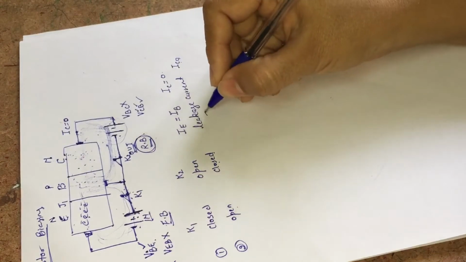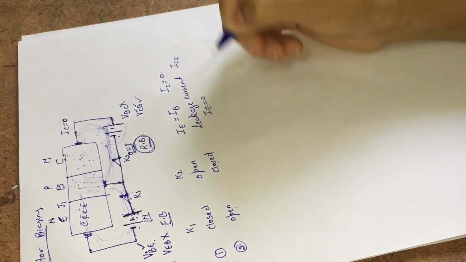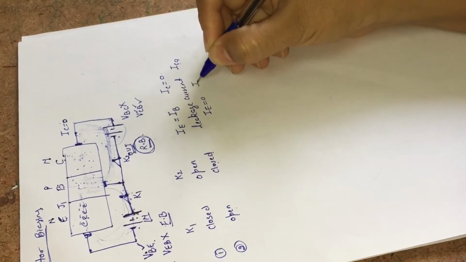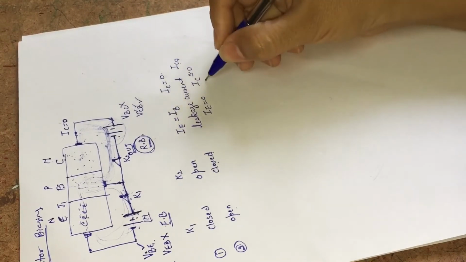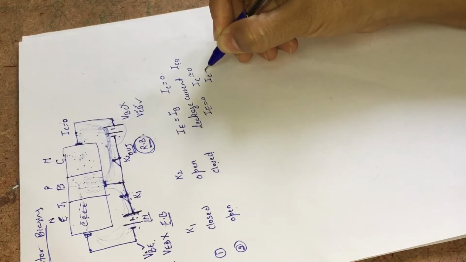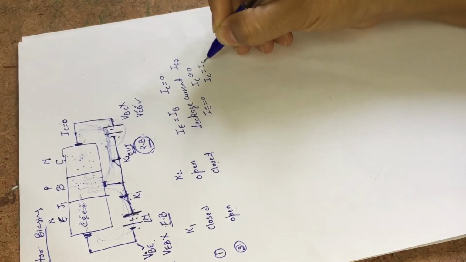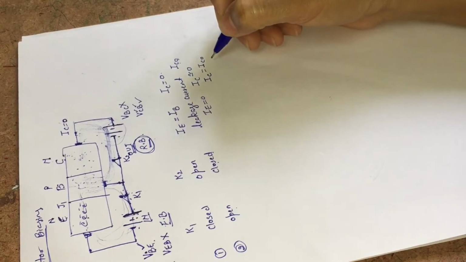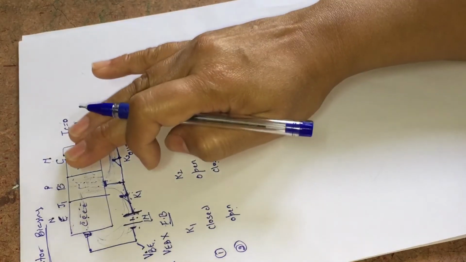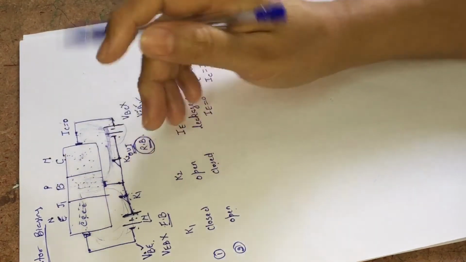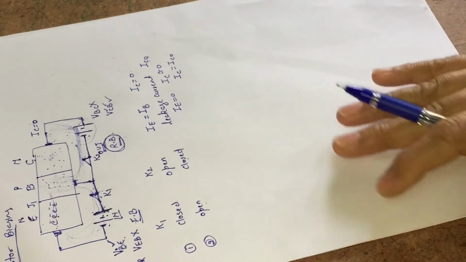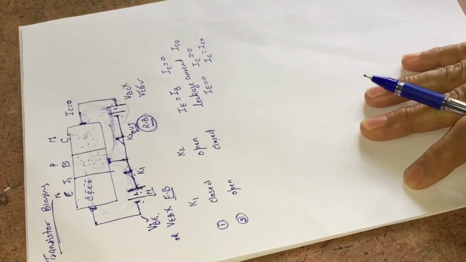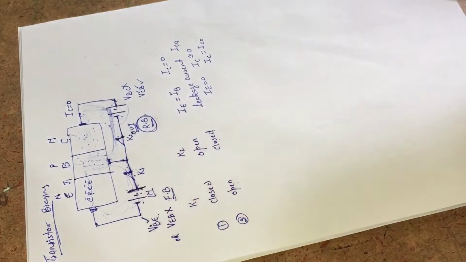Hence in this case, IE is equal to 0 and IC is approximately equal to 0, or we can also say that IC is equal to the small leakage current due to the minority charge carriers in the base and collector junction.